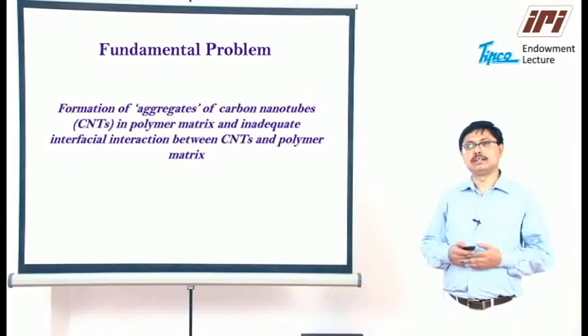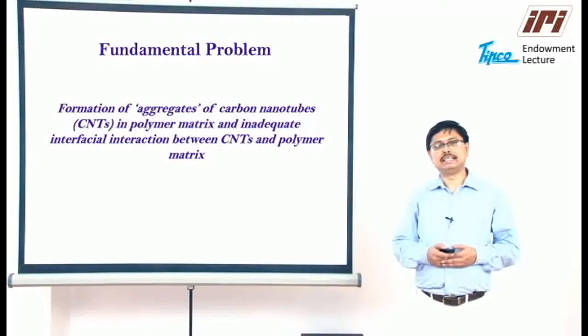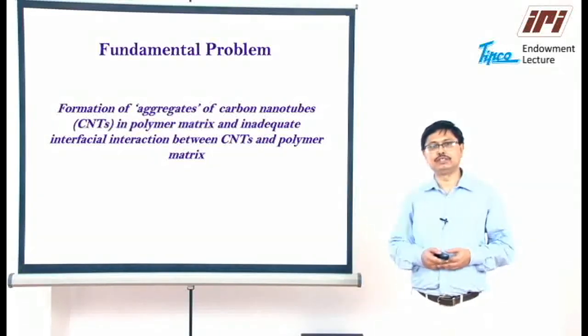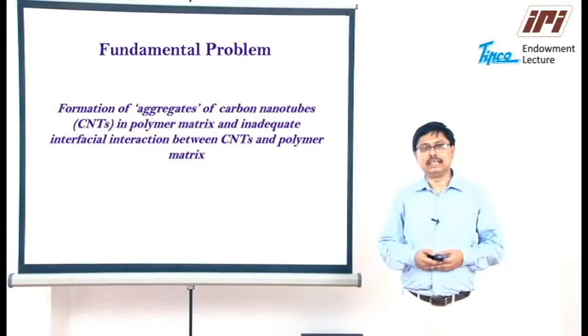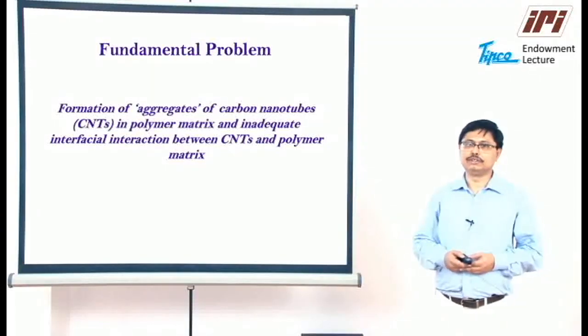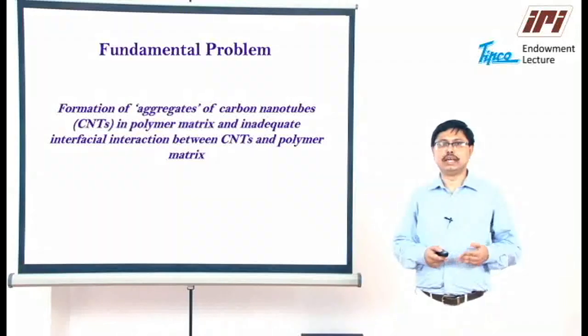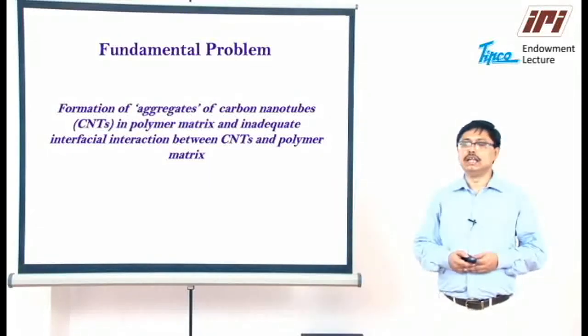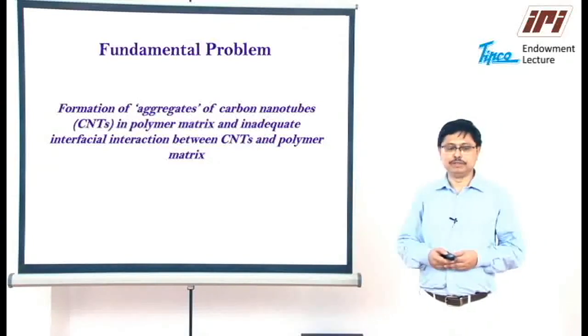If you look at the nanotube dimensions, in the case of the single wall carbon nanotube, the diameter is 1.4 nanometer and the length is several micrometers, whereas in the case of the multi-wall carbon nanotubes, the diameter is anywhere from 20 nanometer to 50 nanometer and the length is several micrometers.